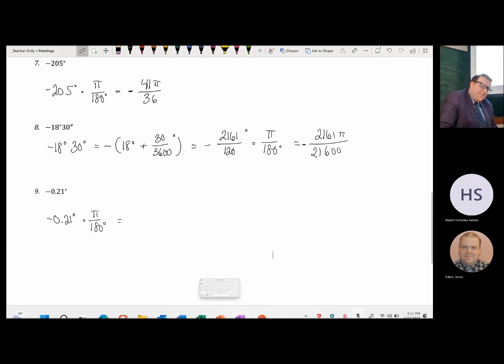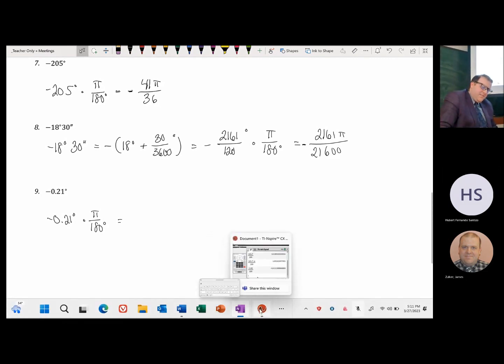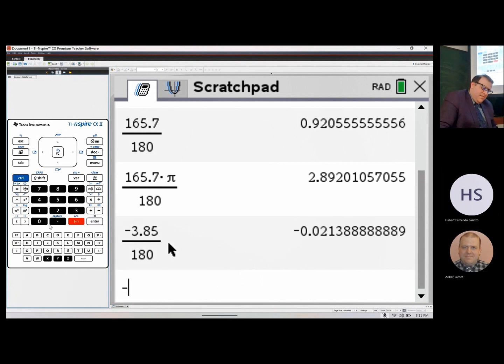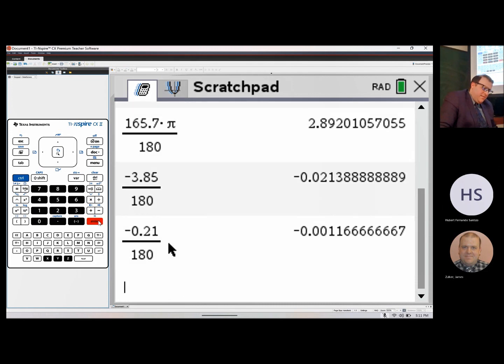Two sig figs. Negative 0.21 over 180. Negative 0.0012.